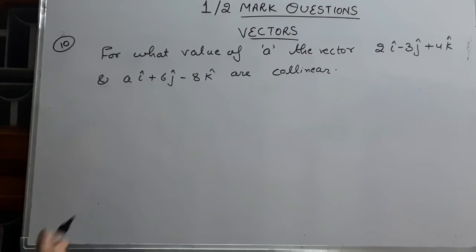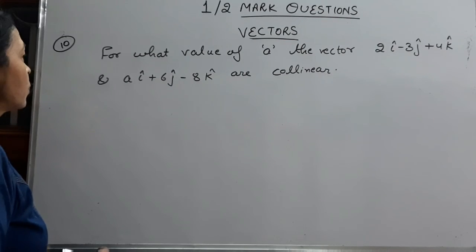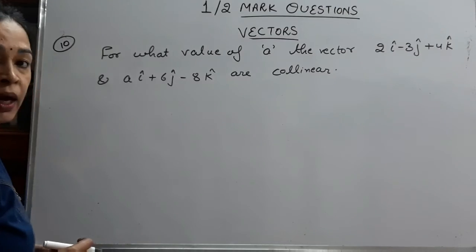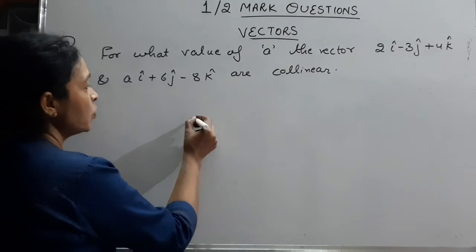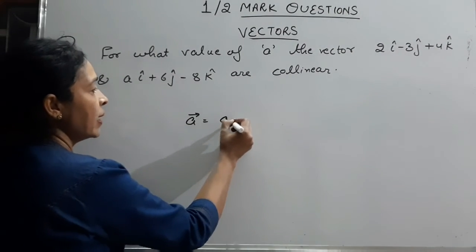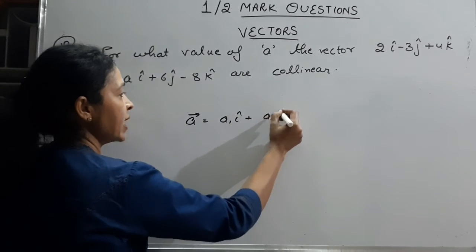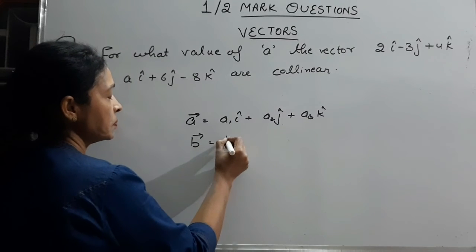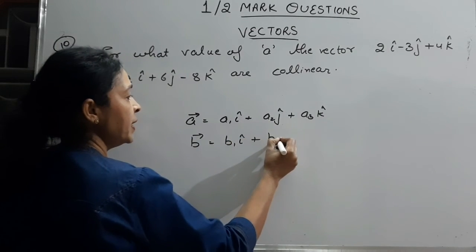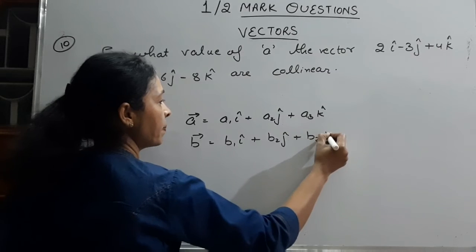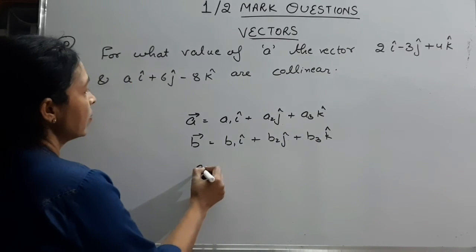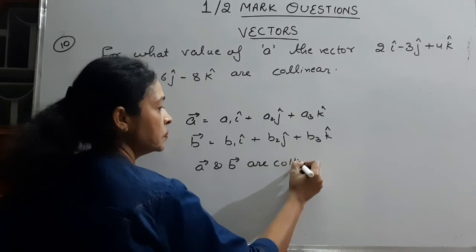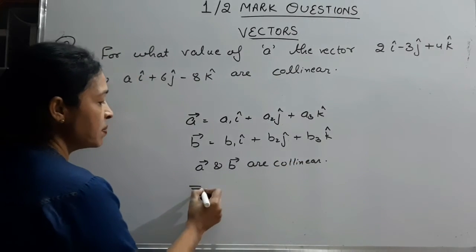For what value of a are the vectors 2i cap minus 3j cap plus 4k cap and a i cap plus 6j cap minus 8k cap collinear? If we have two vectors, vector A as a1 i cap plus a2 j cap plus a3 k cap and another vector B, b1 i cap plus b2 j cap plus b3 k cap, and it is given that vector A and vector B are collinear, what does this mean?